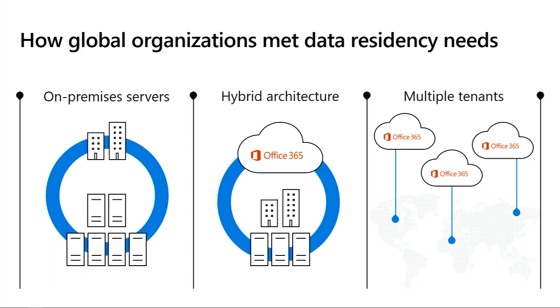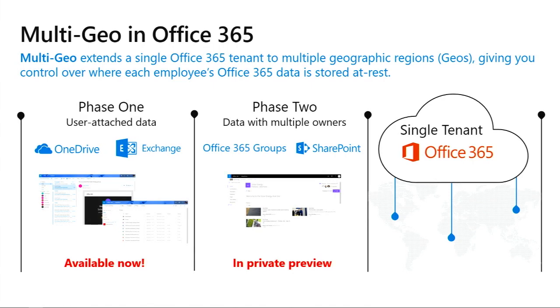subsidiaries or branches. This approach is not scalable, especially because it is very complex. First of all, sharing data and communicating between these different systems is normally complicated, and making it work is extremely difficult. That is why we decided to build and enable multi-geo in Office 365. We still have a single tenant. Within the single tenant, you can decide which users are in which geo.